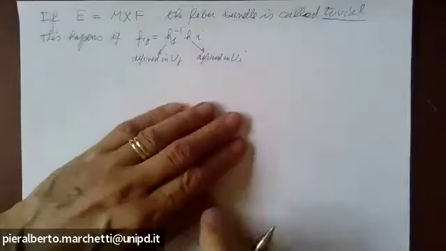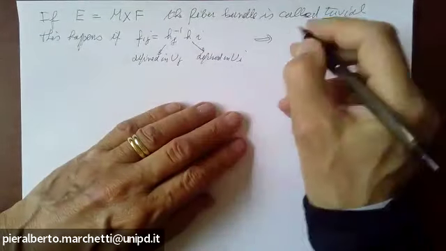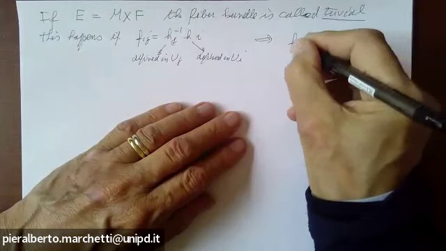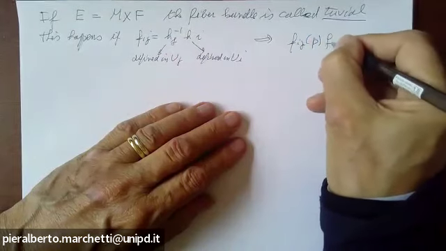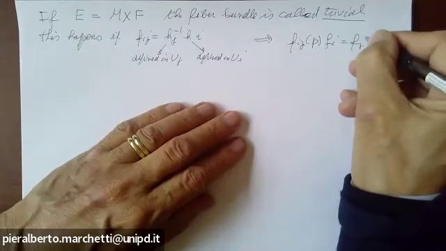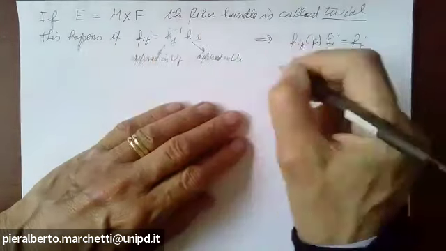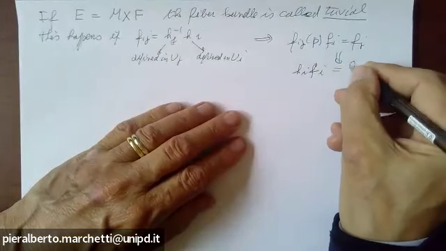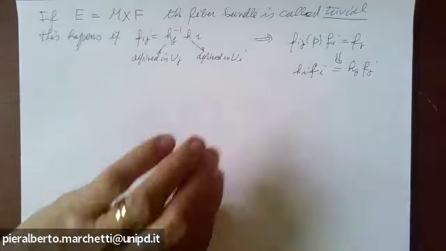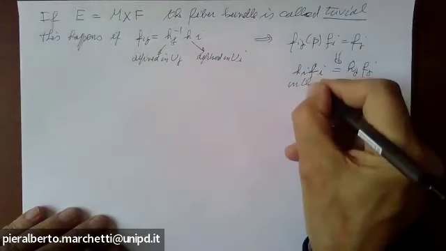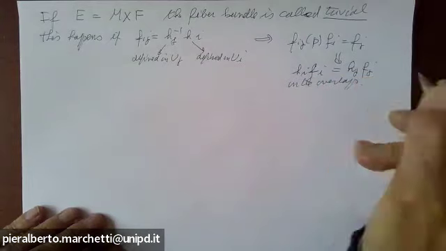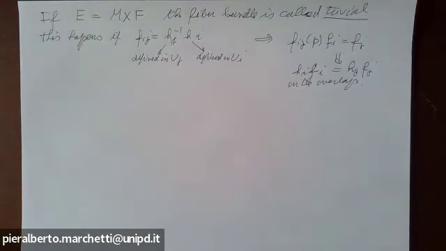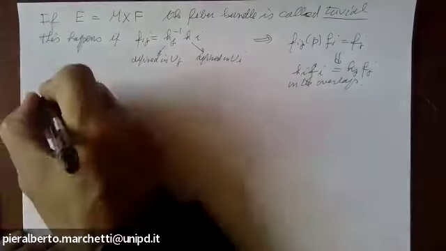Why does this give you a trivial bundle? Originally you have Fij of P acting on Fi giving Fj, but now, using this, I can rewrite it as Hi times Fi equal to Hj times Fj, which means that in the overlap there is no twist, in some sense. Everything is extended smoothly along M. But this is not always the case.